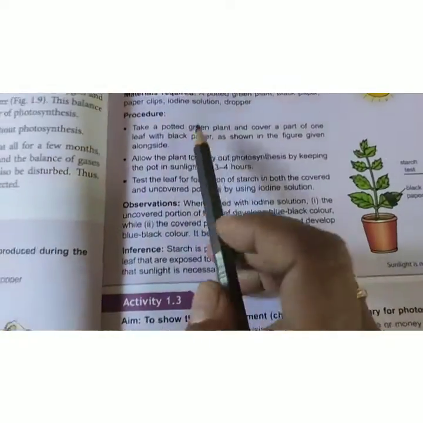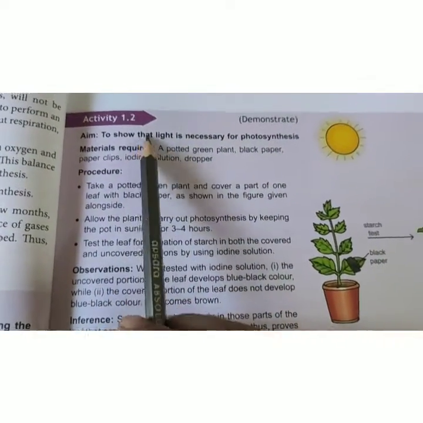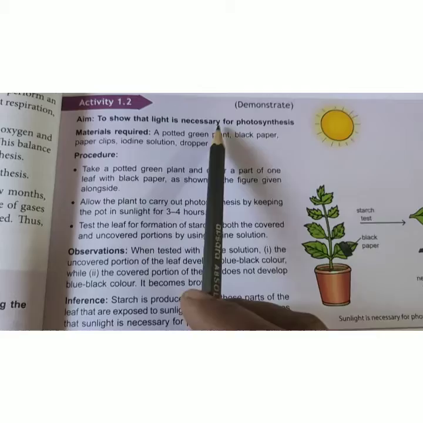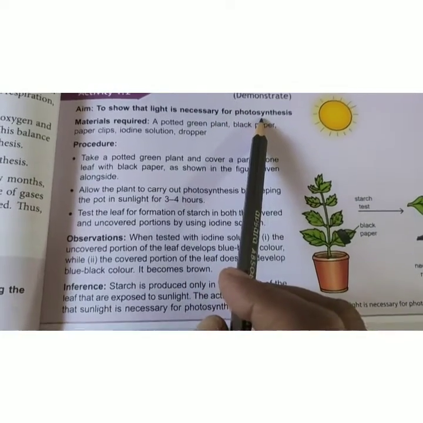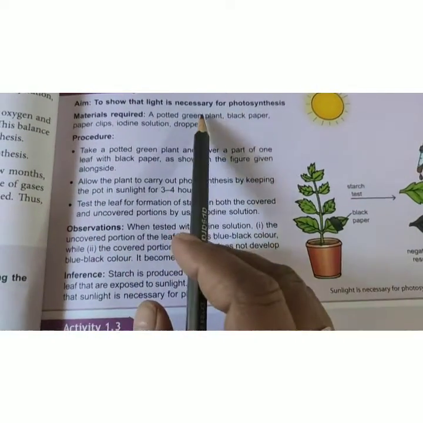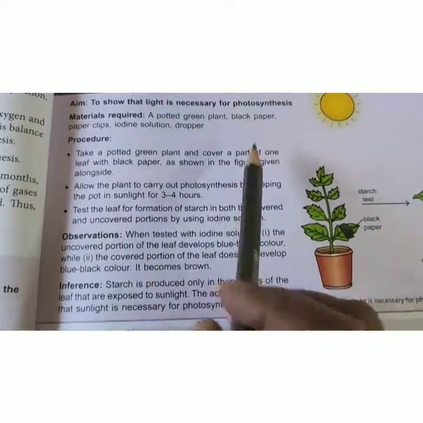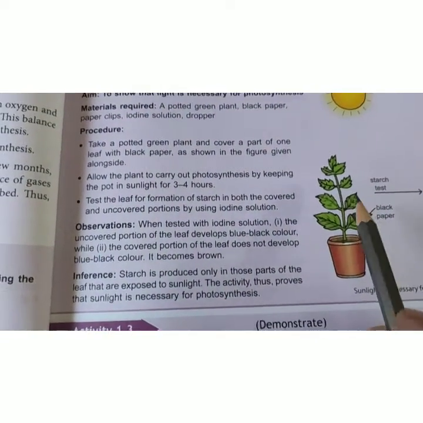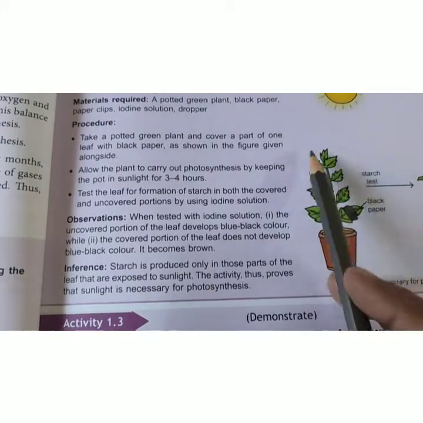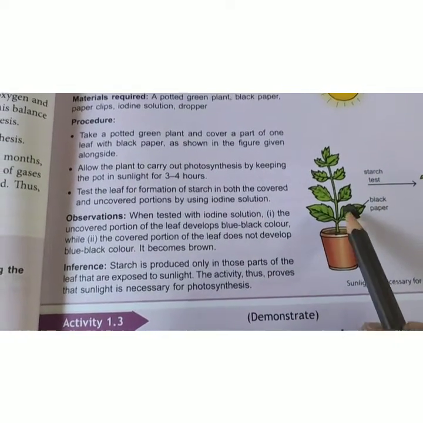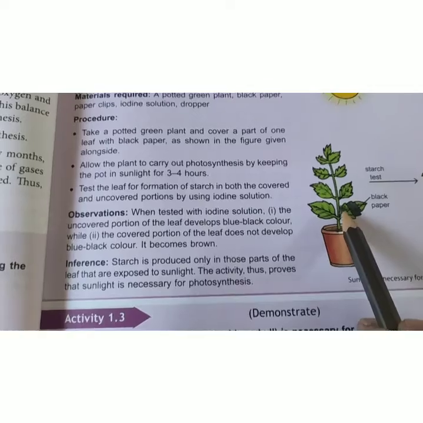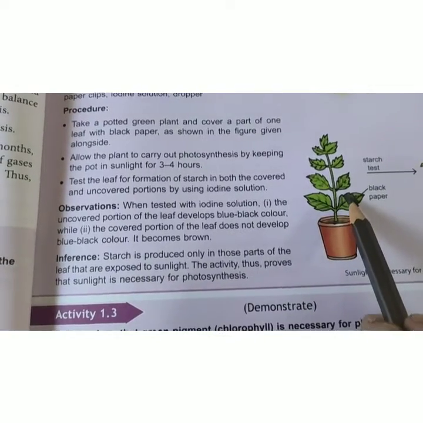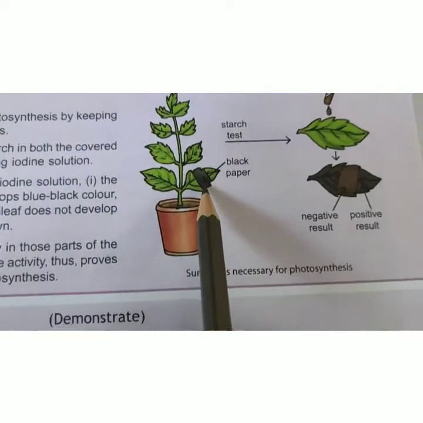Now the next experiment, to show that sunlight is necessary for photosynthesis. Any type of light, especially sunlight, is necessary to carry on the process of photosynthesis. You take a potted plant. Now on a leaf, you see here as they have done.